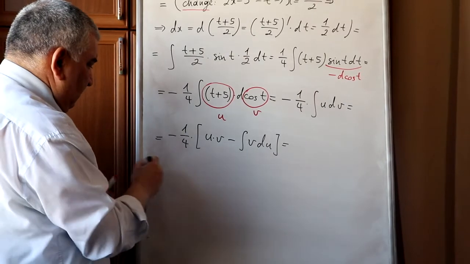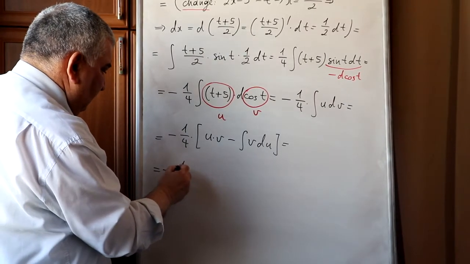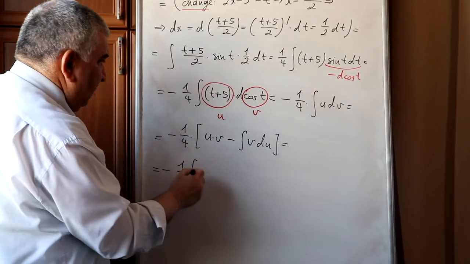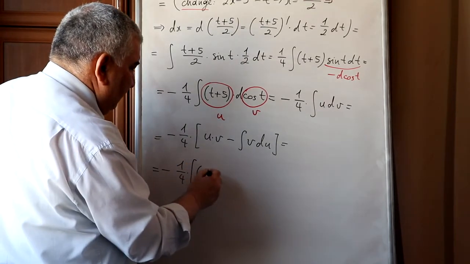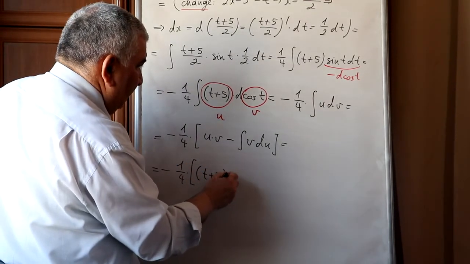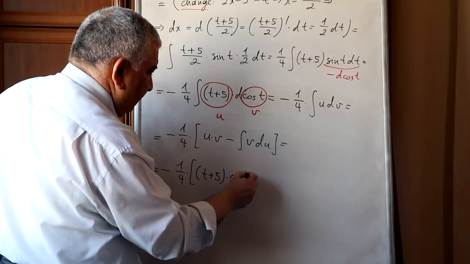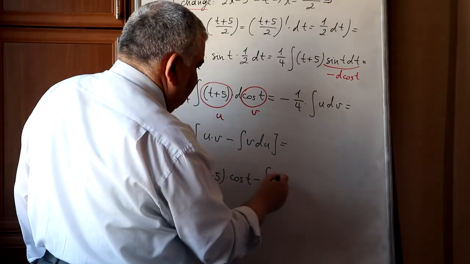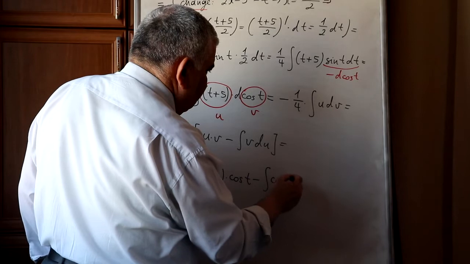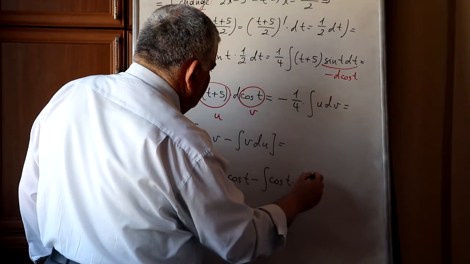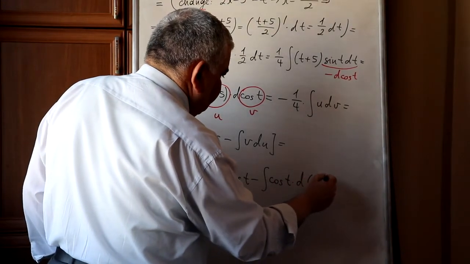Equals minus 1/4 multiplied by (t plus 5) multiplied by cosine t minus integral of cosine t multiplied by d of (t plus 5).